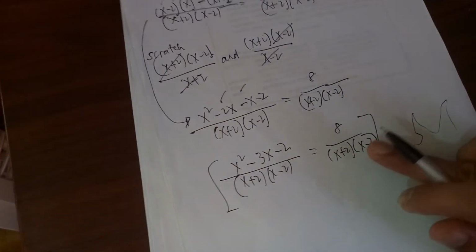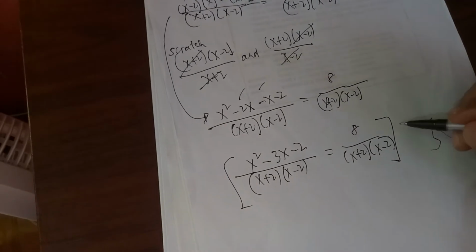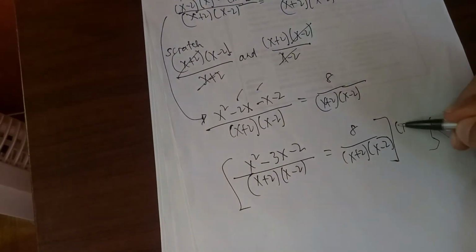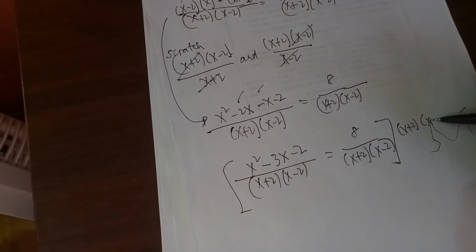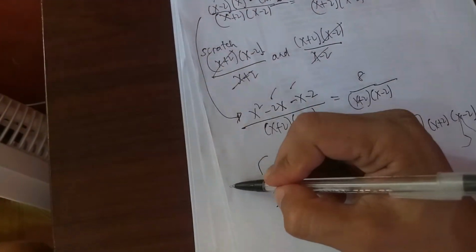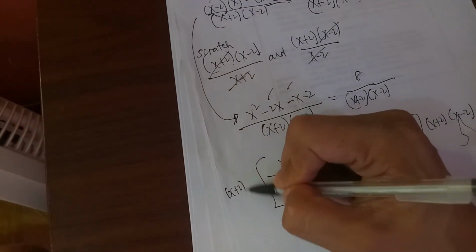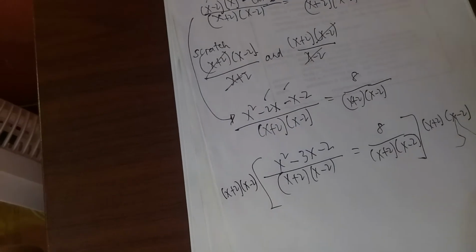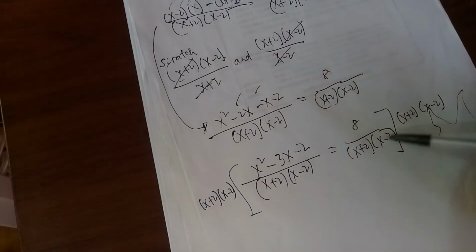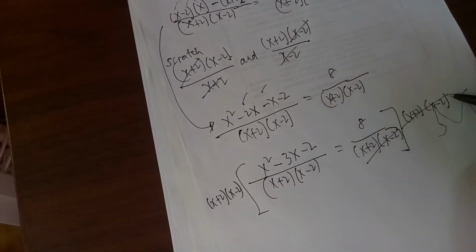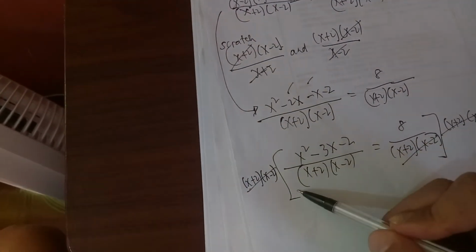The whole equation can be multiplied by the same denominator, x plus 2 times x minus 2. The same goes here, x plus 2 times x minus 2. So for the right side, cancel, and for the left side, cancel.